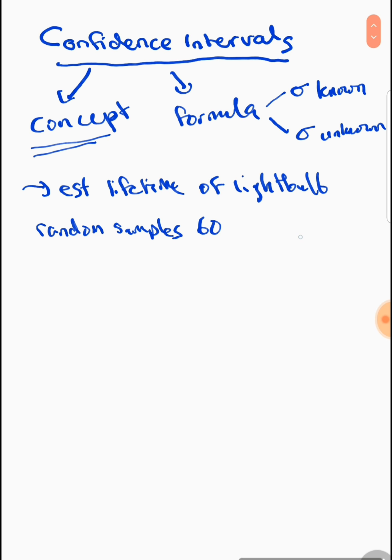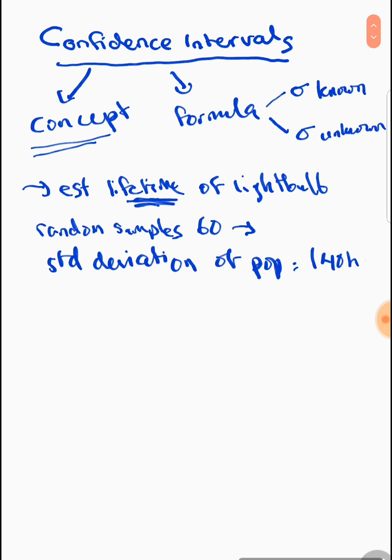They test them continuously, basically just run them until they burn out. That's how you look at the lifetime of a light bulb. It is known that the standard deviation of the population is 140 hours.